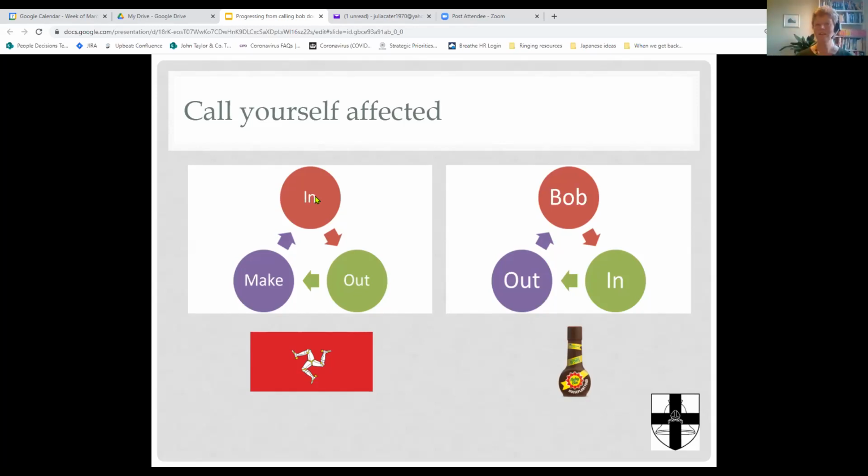Now in Bob Doubles, if you were going to call yourself in, out, make, there's only 3 leads between that and when the next call is, because in a course of Bob Doubles there's only 4 leads in a whole course. Now in Bob Minor there's 5 leads in a whole course, because there's 5 working bells.